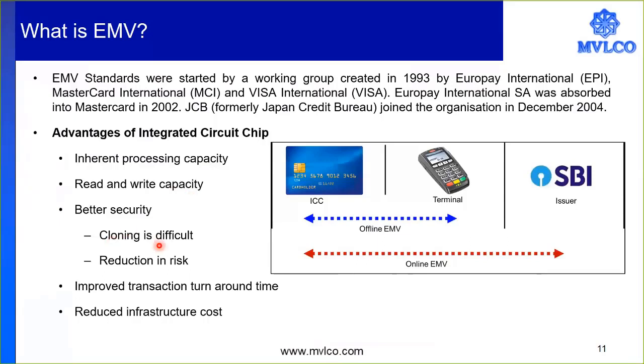Cloning is difficult as compared to magstripe, and because I have now reduced the data path, the data may flow in certain cases only between the card and the terminal. The risk, turnaround time, and the infrastructure cost all get comparatively reduced as compared to your traditional magstripe card. So those are the advantages given by the EMV card.